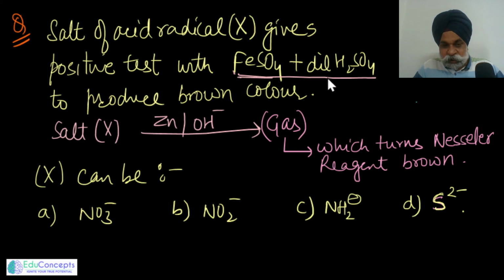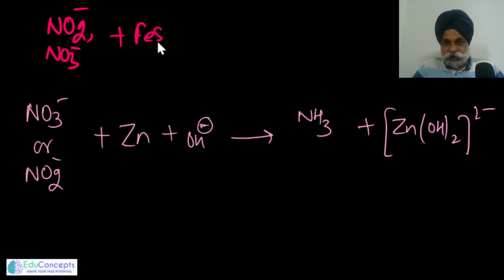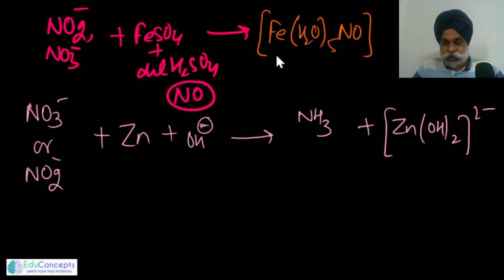In the brown ring test, you have two things with you. The brown ring test is given when you have nitrite or nitrate. Both of these can give the brown ring test, where freshly prepared ferrous sulfate and dilute sulfuric acid are taken, and in the process, in situ, NO gas is generated, and that NO gas then gets attached to this entity, and this gives you the brown color.